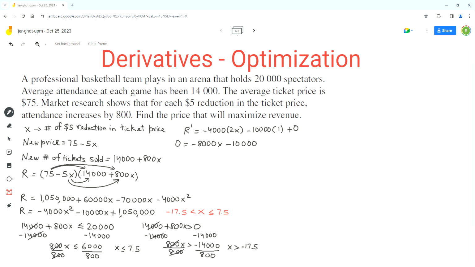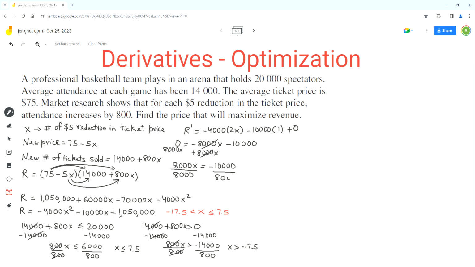Now we have to solve for x, so first we can add 8,000x to both sides. The 8,000x on the right side will cancel each other out and we get 8,000x equals negative 10,000. And now we can divide both sides by 8,000.